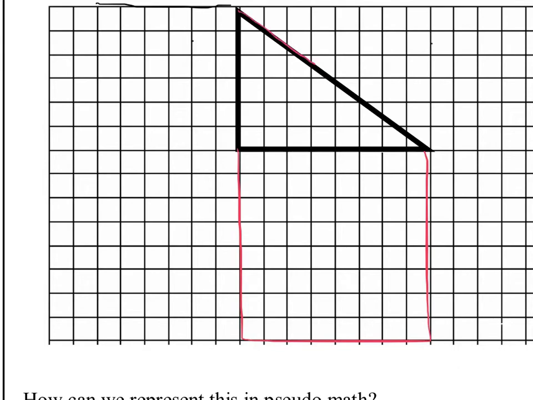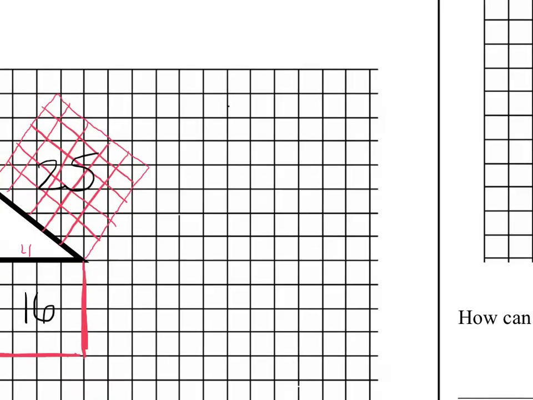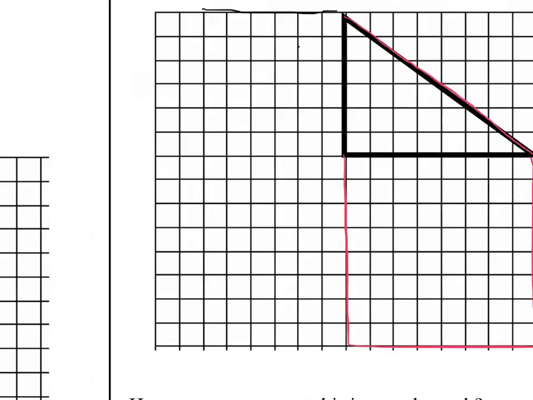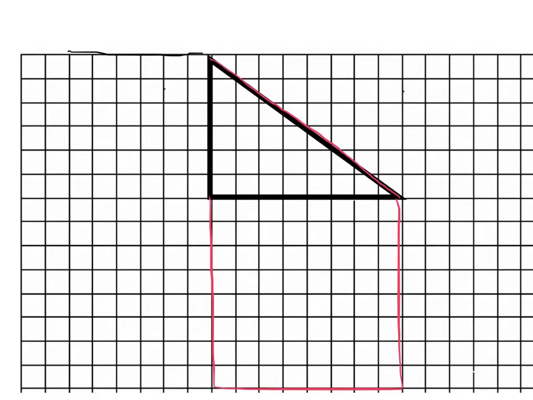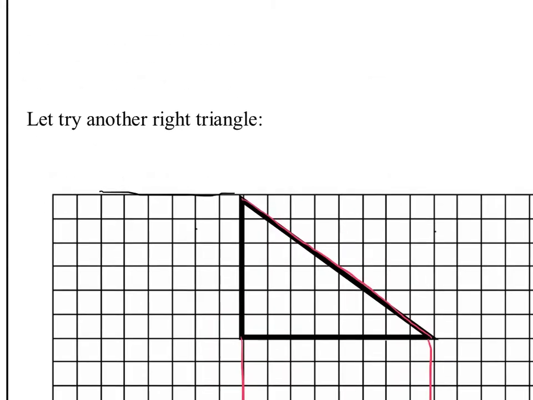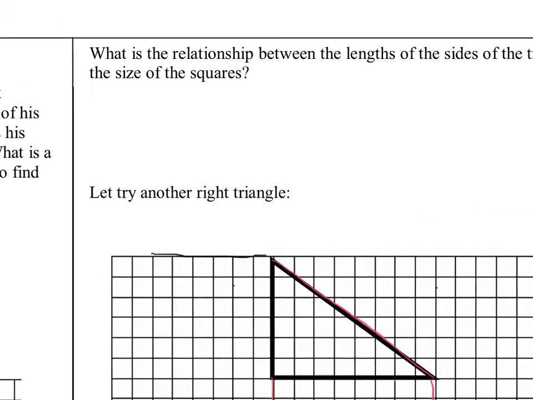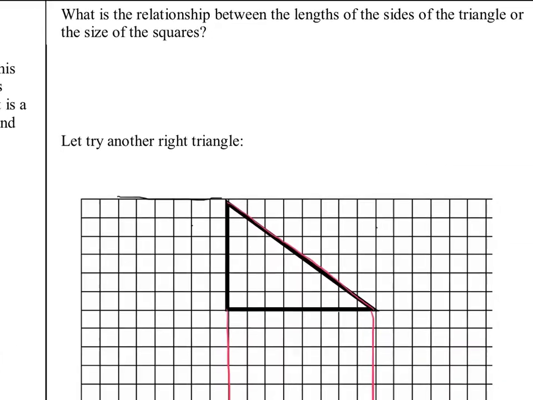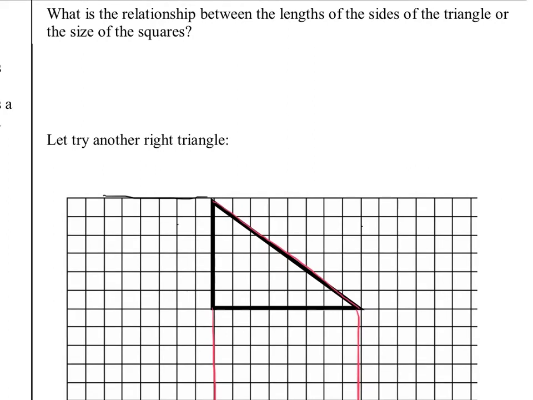So you're going to be hopefully looking for something that looks exactly the same as your work over here for this triangle. Once you have done that, you should be able to answer this question that asks you to recognize a relationship between the lengths of the sides of the triangle, or at least the sizes of the squares. Should be looking for a pattern.